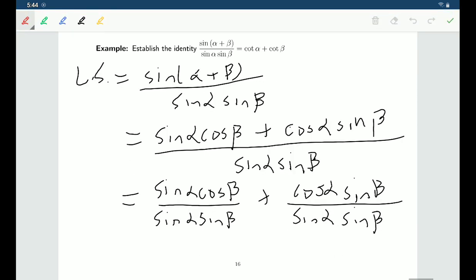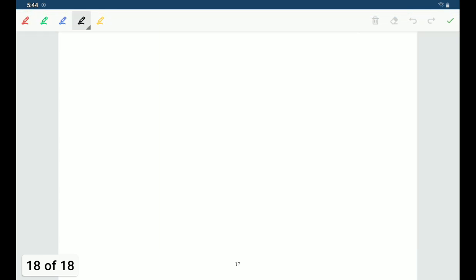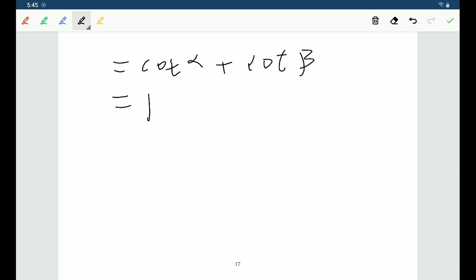And then at that point, we can see a couple of things canceling. The sine alphas will cancel, the sine betas will cancel. And what I'll notice that I have left is exactly what I want. Cosine over sine is cotangent, so that would be cotangent of beta, and this would be cotangent of alpha. So I have everything I need, because what we have here is equal to cotangent of alpha plus cotangent of beta. And so we've shown that the left side can be transformed into the right side. So we've established that identity.